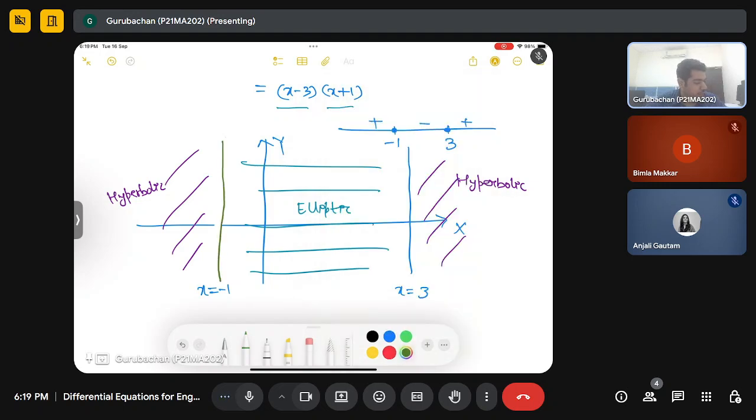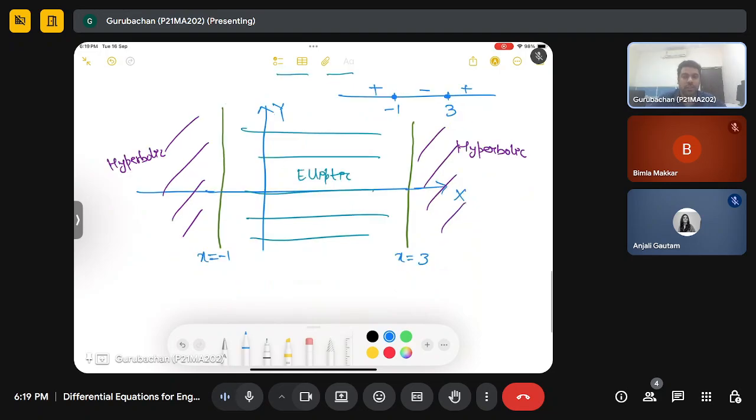And next one is x equal to 3. So this will be your x equal to 3. So this is your graphical representation of this region.